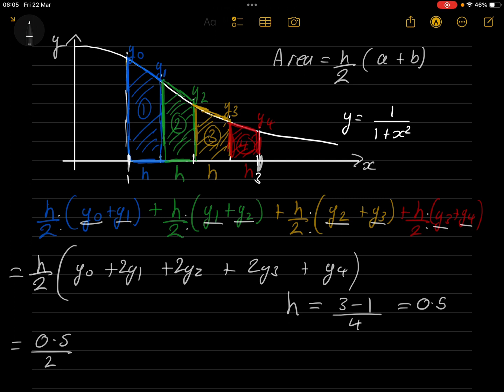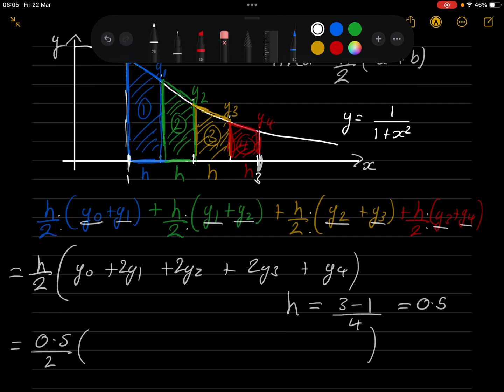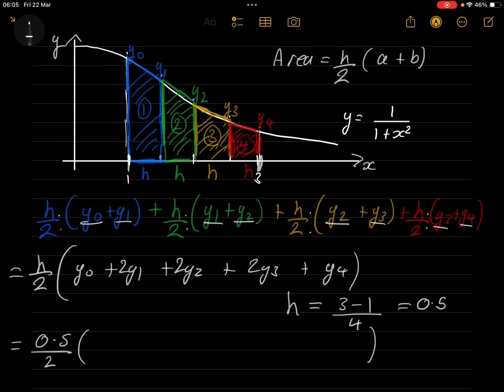And then to find each of those different y coordinates, we need to substitute in different values. So I think I'll first work out the corresponding x coordinates for each one. Our width is 0.5, so add 0.5 to get 1.5, 2, and 2.5. And then we're just going to keep substituting into this formula here.